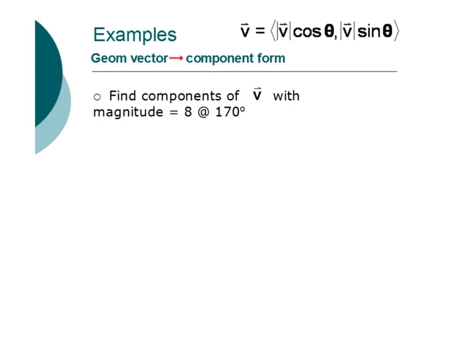Here we go. I'm going to take the magnitude, which they gave me as 8, times the cosine of 170 degrees, and that's going to be your horizontal component. Then I'll do it again, 8 times the sine of 170, and that's going to be your vertical component.